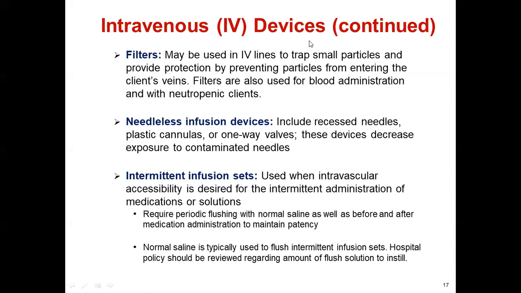Intravenous devices like filters, needleless infusion devices, or intermittent infusion sets are also used.